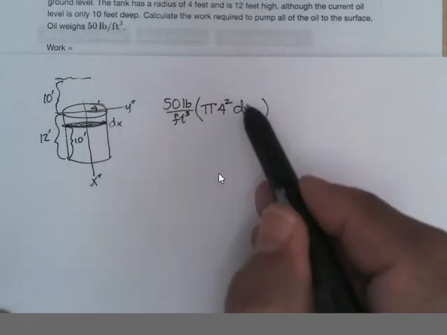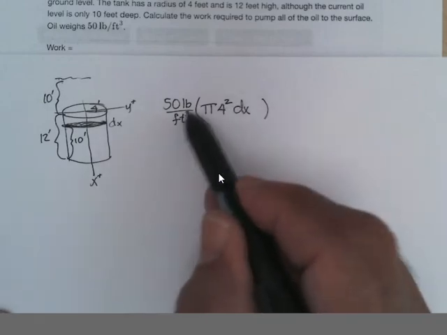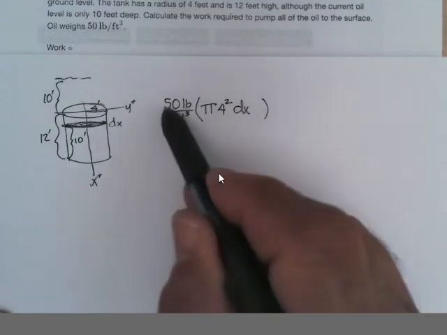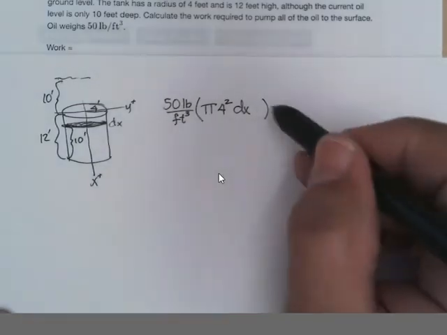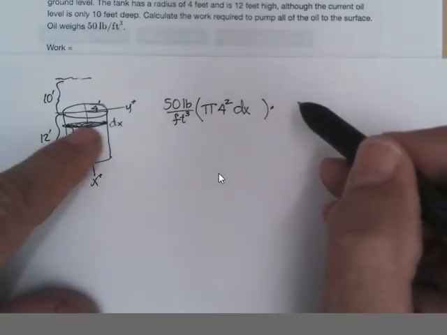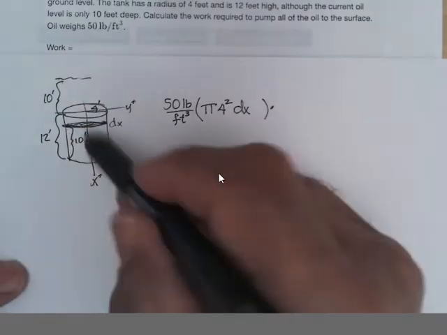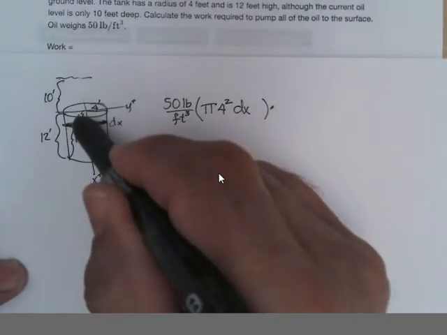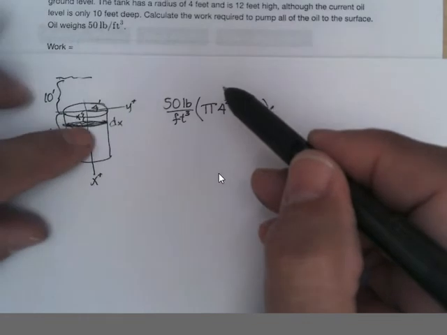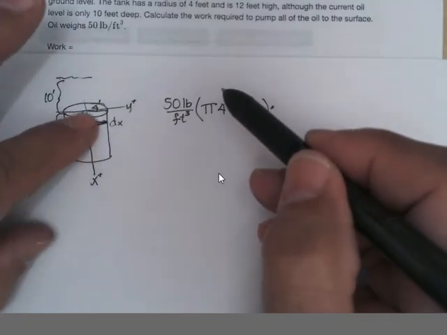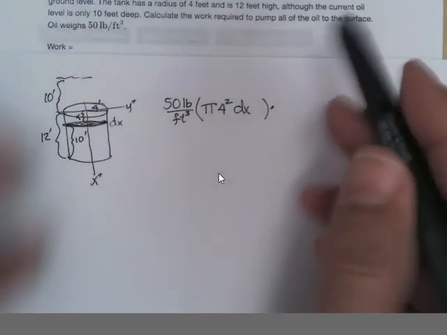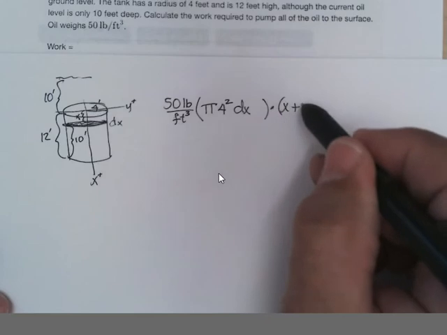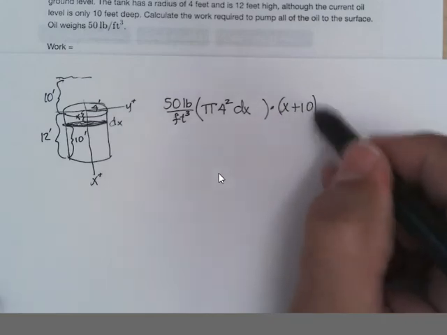So the cubic feet are going to cancel, and now I have just pounds, which is a force, times the distance I need to lift that, which is going to be, if I put my axis like this is x, and I need to lift this disk x plus 10. Okay?